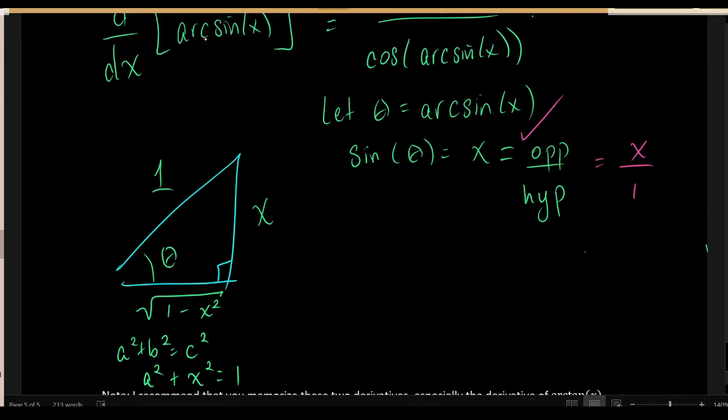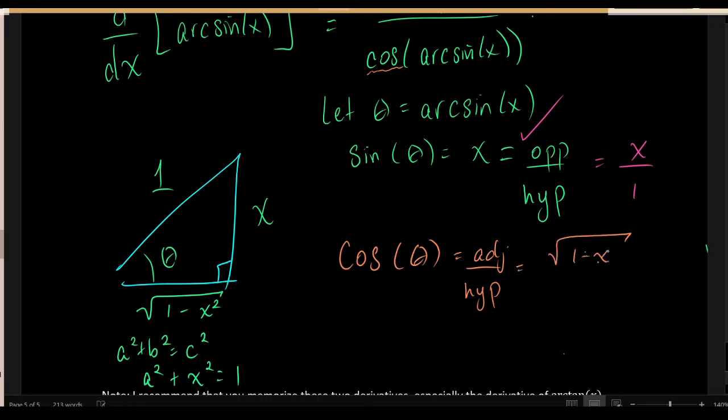Now before, I calculated secant of theta. This time, I'm looking at cosine on the outside, so I'm going to calculate cosine of theta. Cosine of theta is adjacent over hypotenuse. The adjacent side is the square root of 1 minus x squared, and the hypotenuse is given by 1.